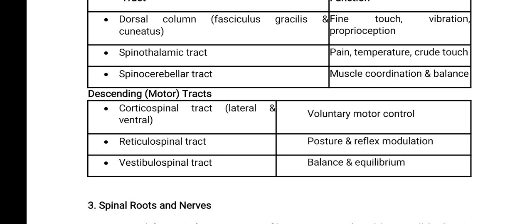Then for the descending motor tracts, we have the corticospinal tract, reticulospinal tract, and vestibulospinal tract. Let's call that one CRV. Corticospinal tract for voluntary motor control, reticulospinal tract for posture and reflex modulation, vestibulospinal tract for balance and equilibrium.